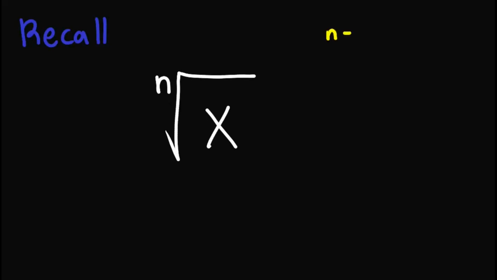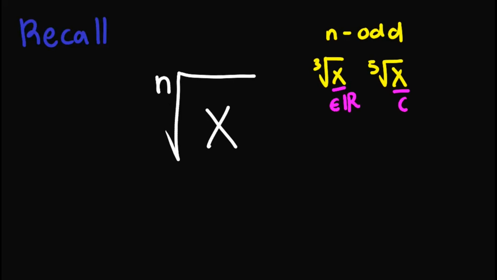Say we have the nth root of x. If n is odd, like the cube root of x or the fifth root of x and so on, we know that x can be any real number, so it can be both positive or negative.